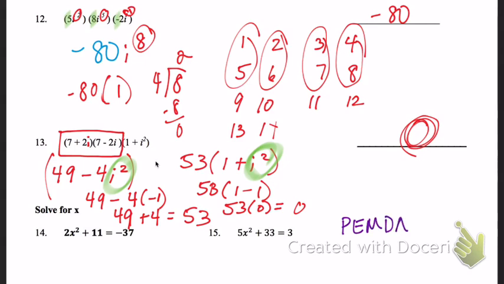We're going to do that more in the next section. If I want to get x by itself, I need to subtract 11. So 2x squared equals negative 48. Divide each side by 2.